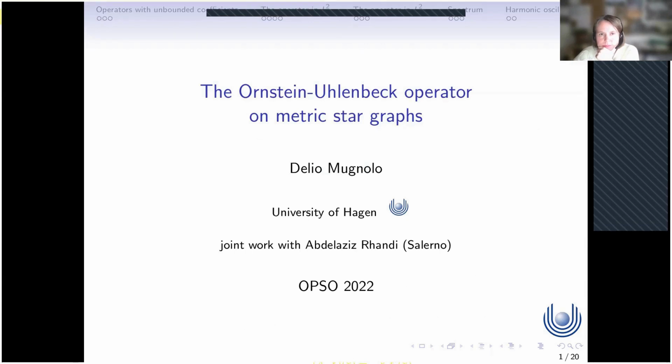So basically, this is the attempt to develop a first step for a theory of differential operators with unbounded coefficients in metric graphs. In the case of Euclidean space, everything I will tell is well known. And everything has been obtained in cooperation with Abdelaziz Rhandi from the University of Salerno. This has just appeared in a paper in Discrete and Continuous Dynamical Systems.